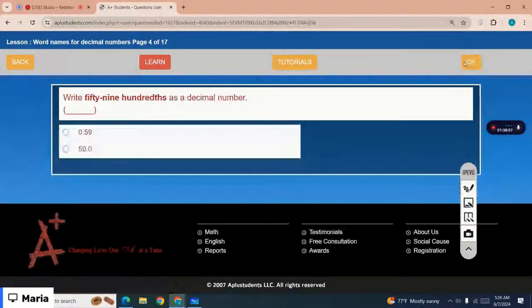Write 59 hundredths as a decimal number. So which is the correct option? The correct option is option 1.